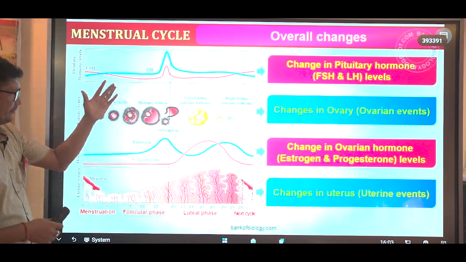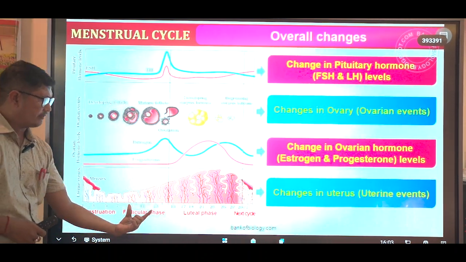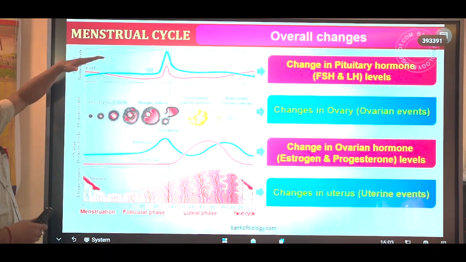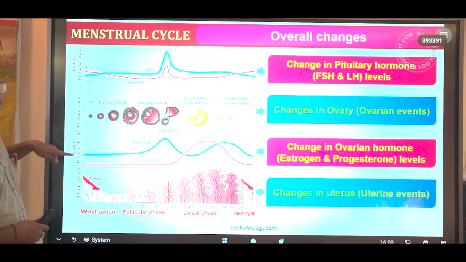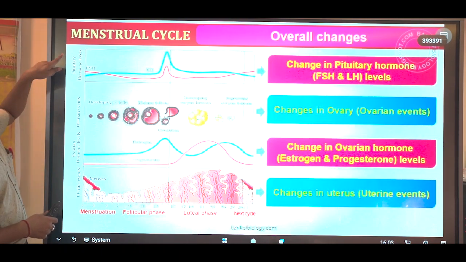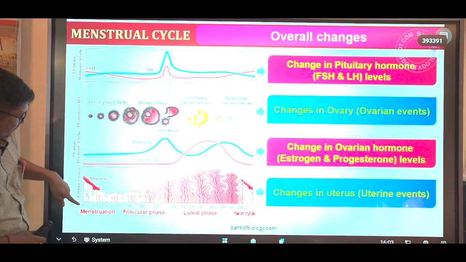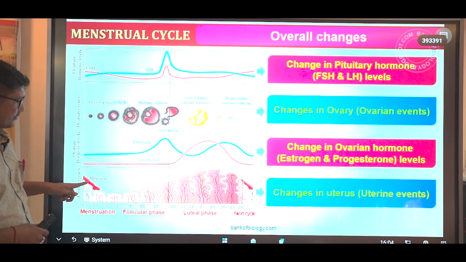Here we can see from this diagram the 4 stages: menstrual phase, follicular phase, luteal phase, and the beginning of the next cycle. In this diagram we are trying to show the uterine events, the ovarian hormone levels, the ovarian events, and the pituitary hormone levels. From day 1 to day 3 or day 5, there is menstrual flow.